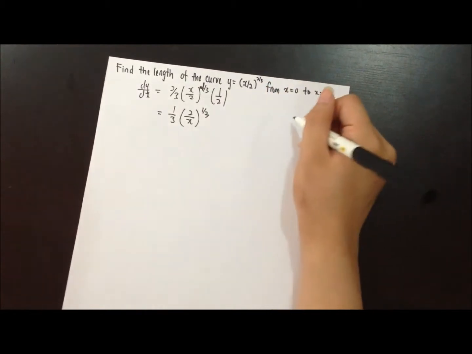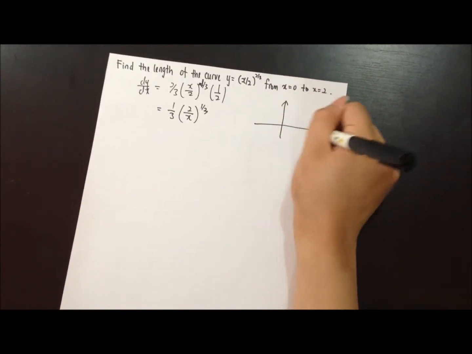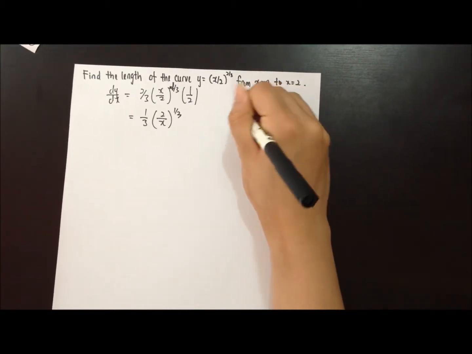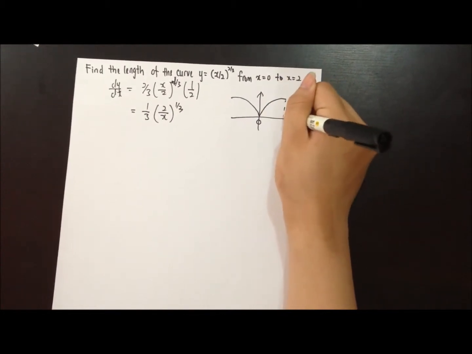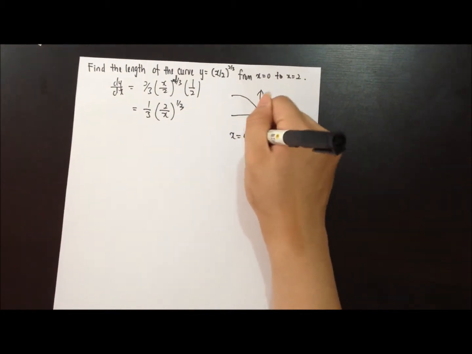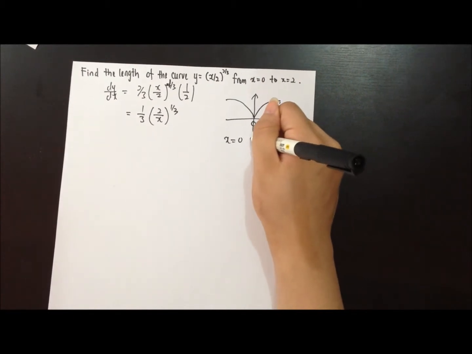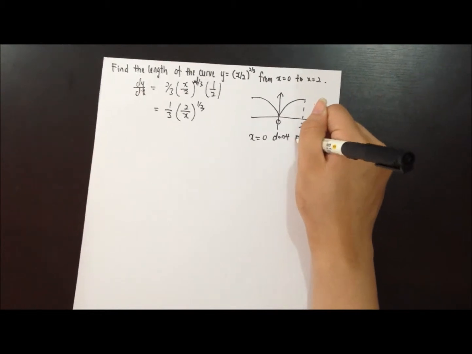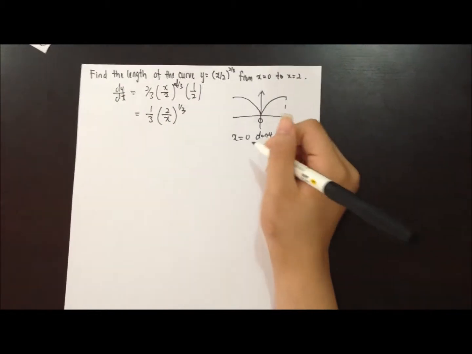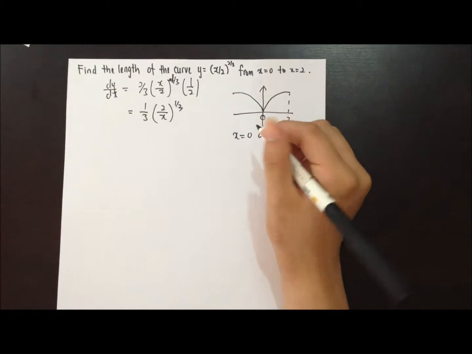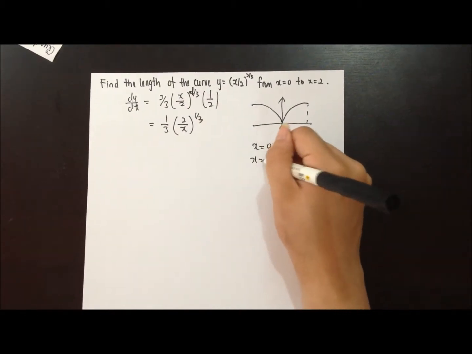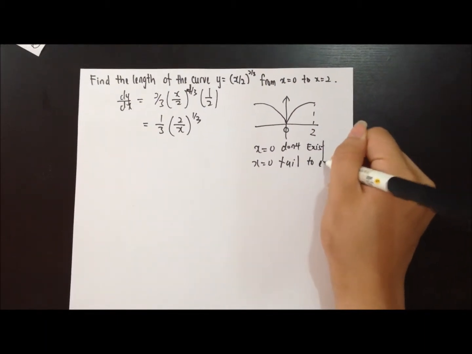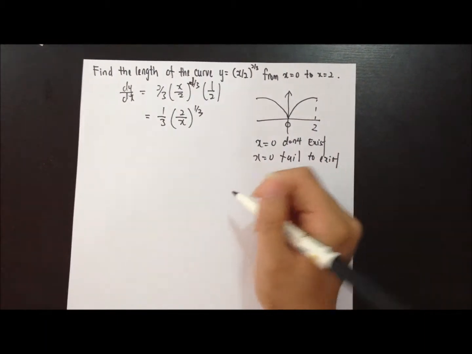But in this question, it is undefined when x equals 0, because based on this graph, the curve is like that. So between 0 and 2, the point x equal to 0 does not exist, or we can also say the point x equal to 0 fails to exist.